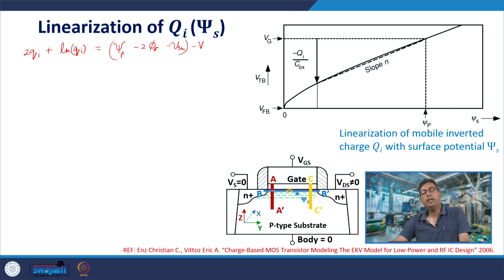In reality, the inversion charge would be 0 only for the flat band condition, and it would never really be 0 for depletion. No matter how large the depletion region is, it would never be really 0. But in our linearized model, when you extrapolate this slope, it would become 0 at some point, and for any gate voltage here it becomes 0.